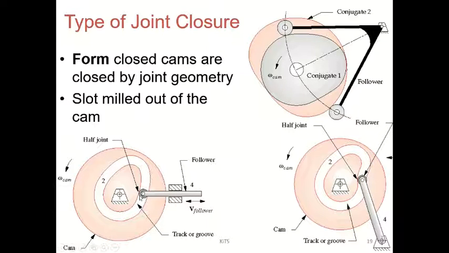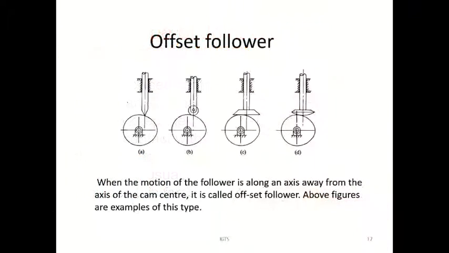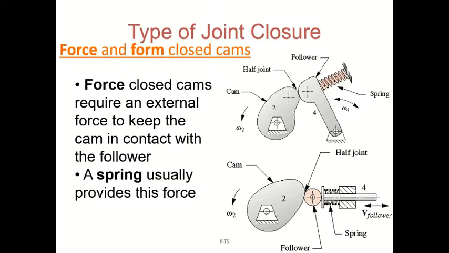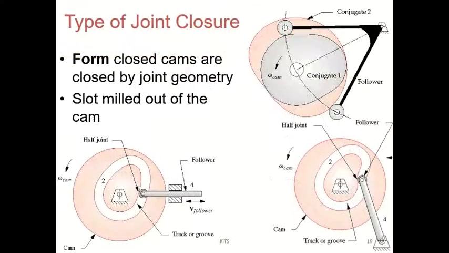Since it is attached in the enclosed surface, it is coming to its original position. So it is called a closure or form closed pair, or form closed cam. First one self, second one force, third one form closed.